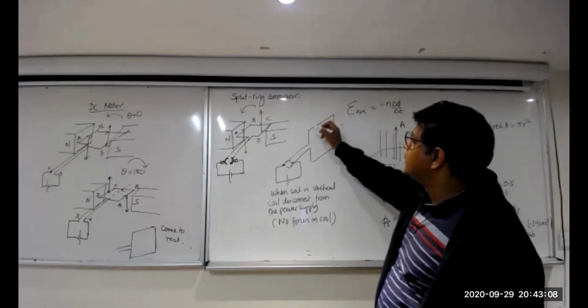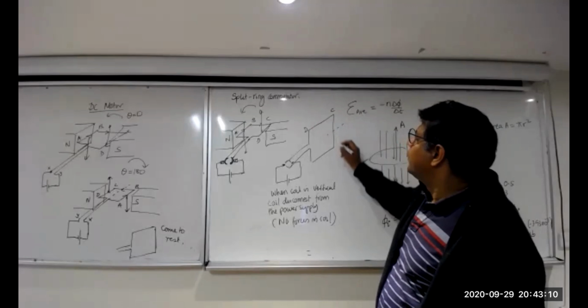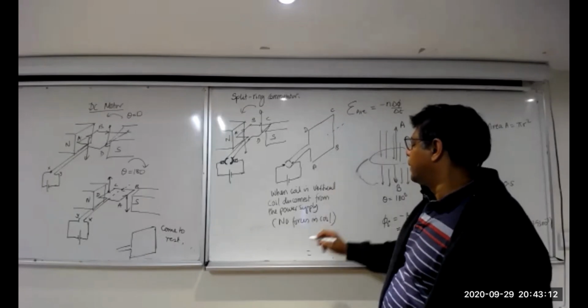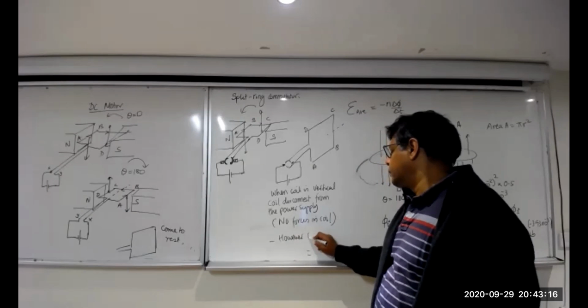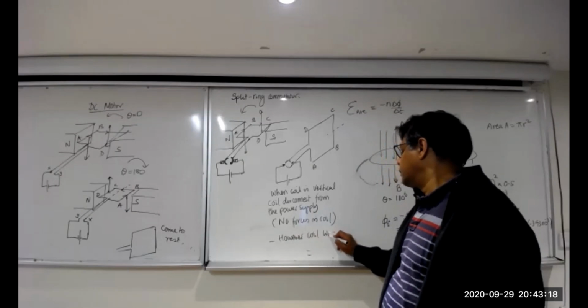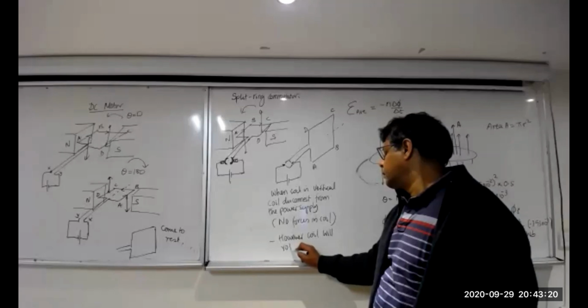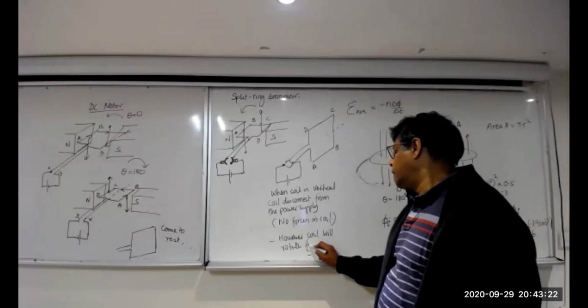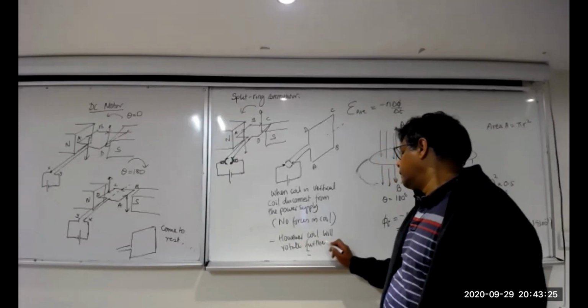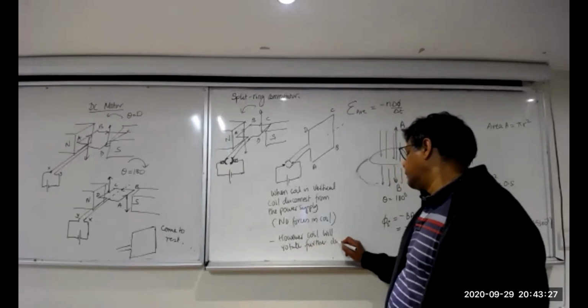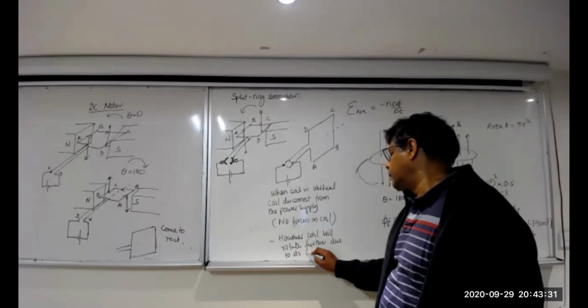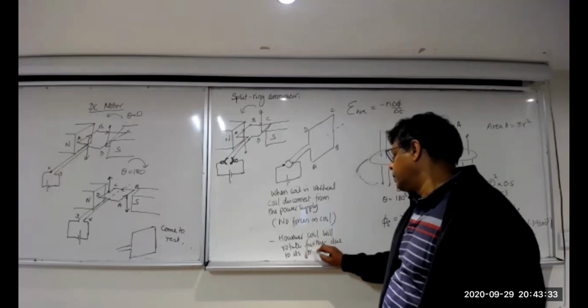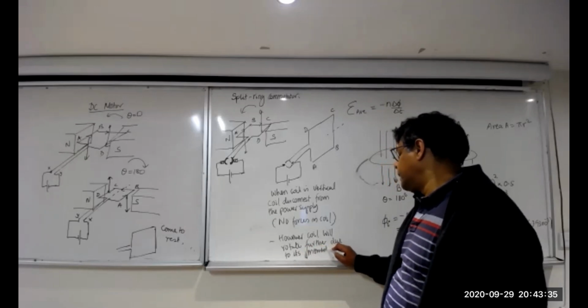So now it's DC here. The coil moves further due to its momentum. Then what will happen?